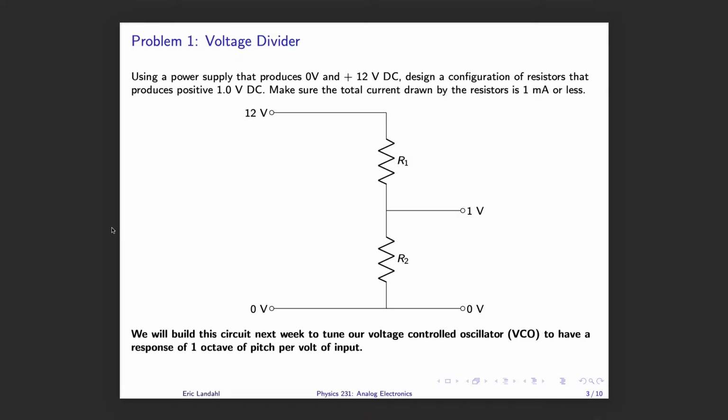So as you've been reading about, VCOs typically have a standard of 1 octave of pitch change for every 1 volt of input.